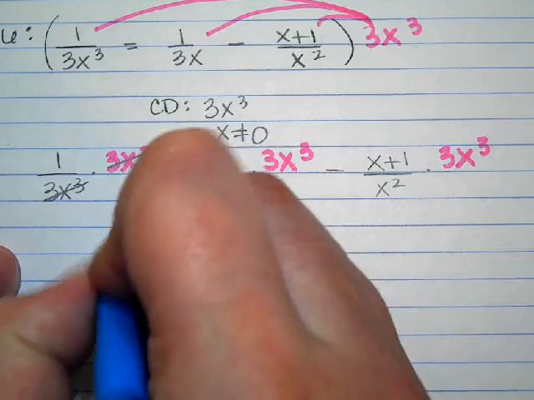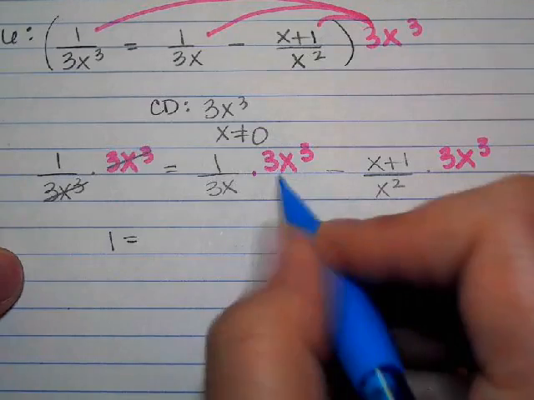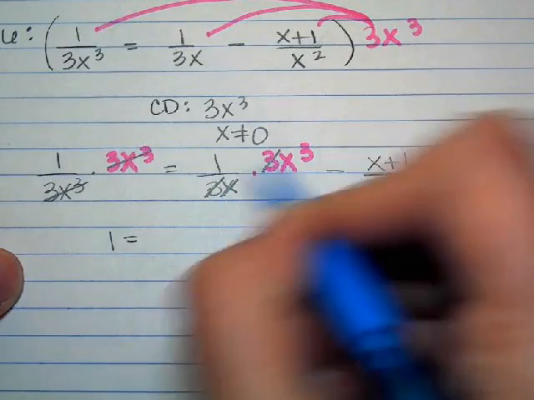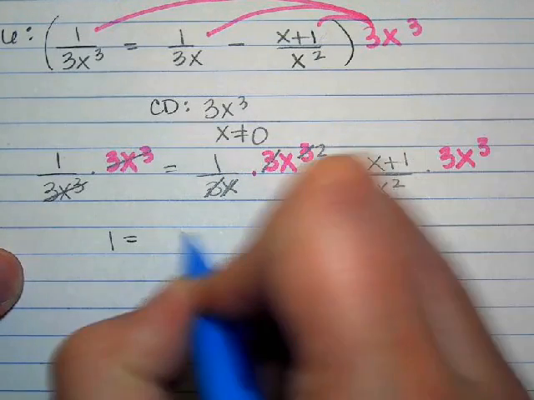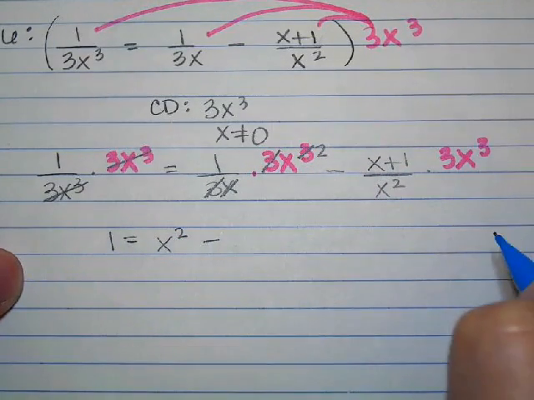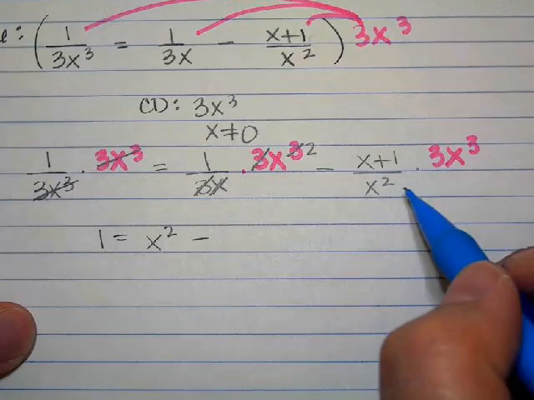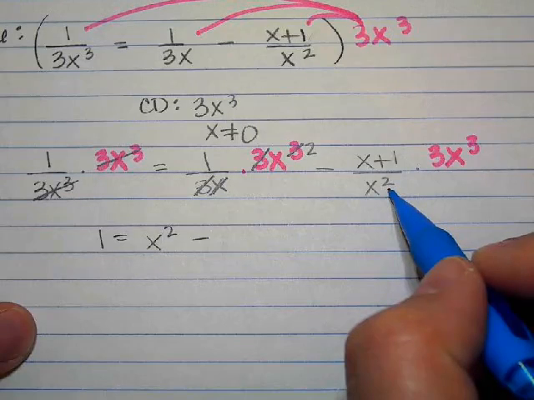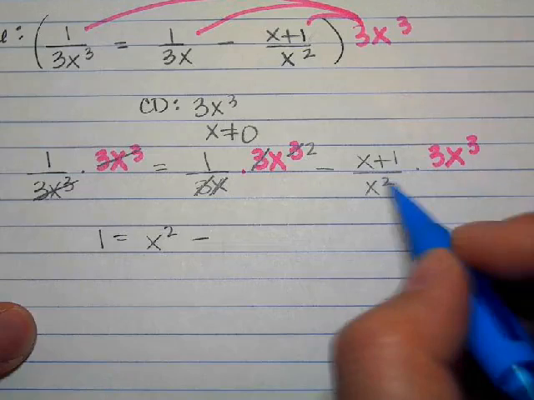What about the second term? Okay, so we have 1 times x squared is just x squared minus. Okay, and then what about the last? Okay, so what cancels? X squared cancels with 2 of those, leaves 1 behind.